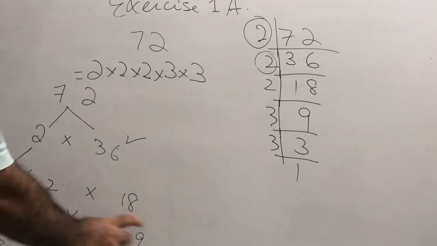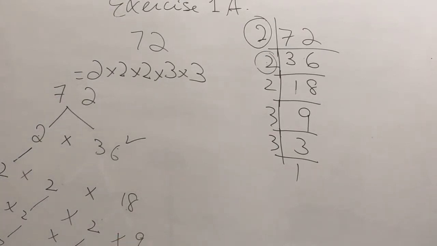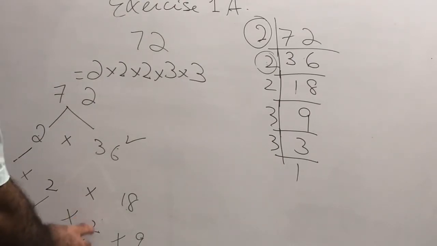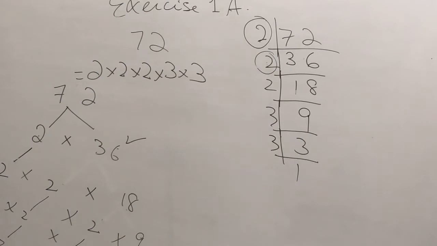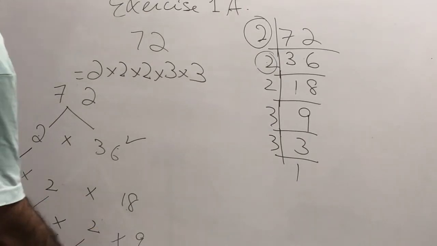So 2 2 2 9. And 9 was divided by 3. 3 3s are 9.